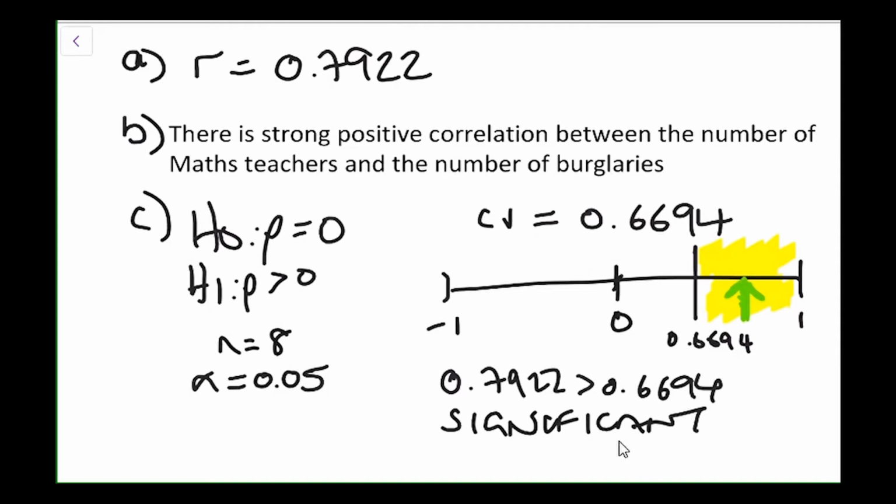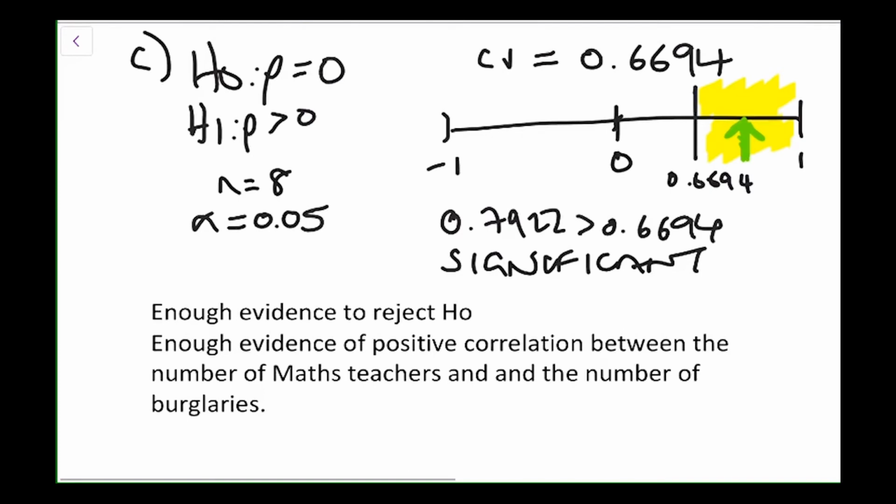And we can say that we have enough evidence to reject H0, that's our mathematical conclusion, and we have enough evidence of positive correlation between the number of maths teachers and the number of burglaries. Okay, so that'll be 4 marks for the hypothesis test, the actual conducting the hypothesis test.